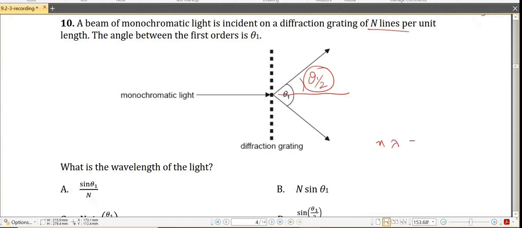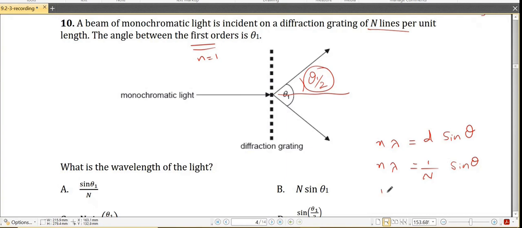n lambda equal to d sine theta. Instead of d, because they have given it in terms of number of lines, we need to rewrite this equation as 1 by N sine theta. Now I'm going to use the info given in the question here. It is the first order, which means n equal to 1.